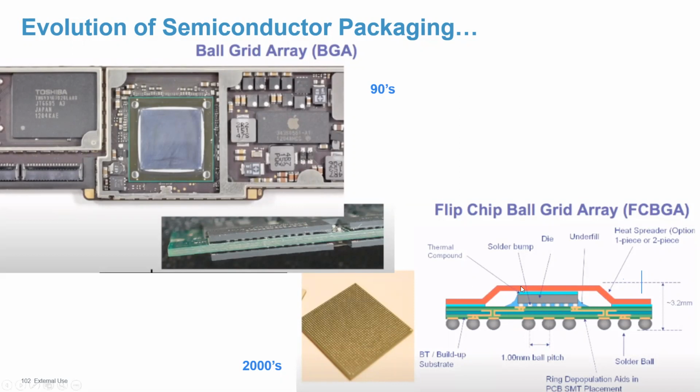And because it is so close to the top of the surface, and silicon is a good thermal conductor, it has an implication on the thermal conductivity and heat dissipation of the flip chip ball grid array package. So it will give you a better thermal property as compared to the previous generation ball grid array chip package.